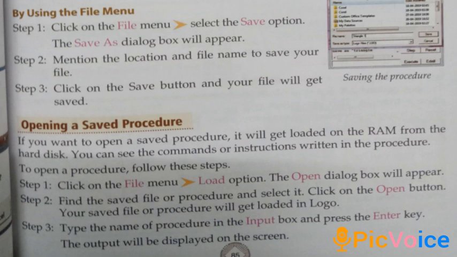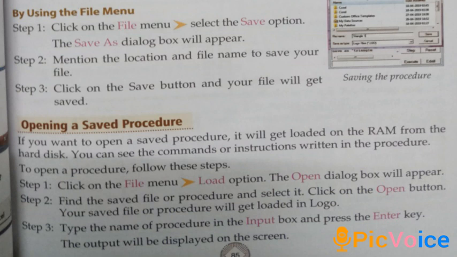If you want to open a saved procedure, it will get loaded on the RAM from the hard disk. You can see the commands or instructions written in the procedure. To open a procedure, follow these steps. Step 1.